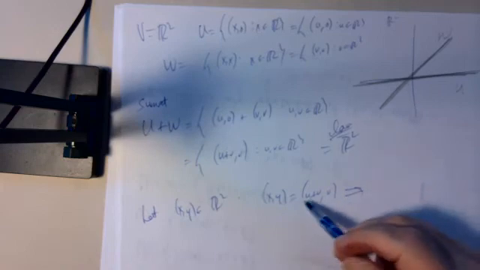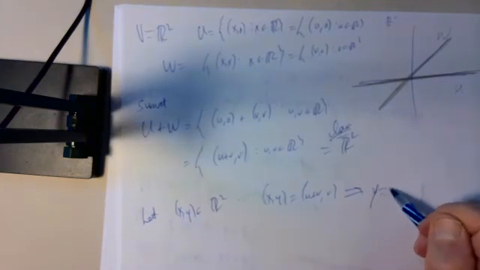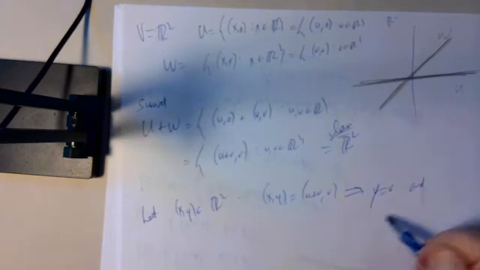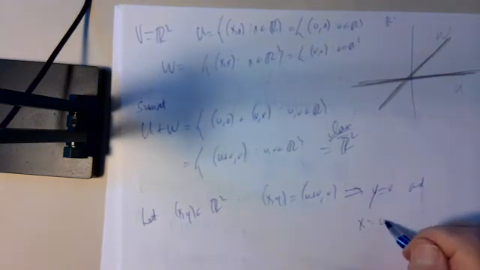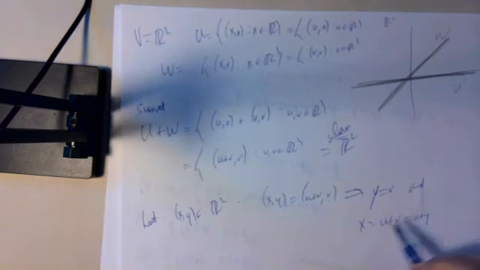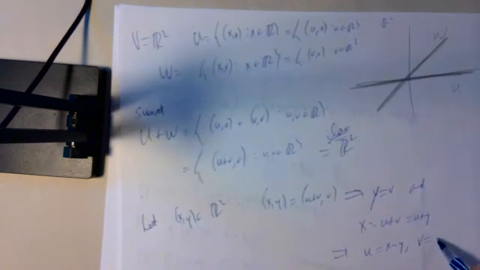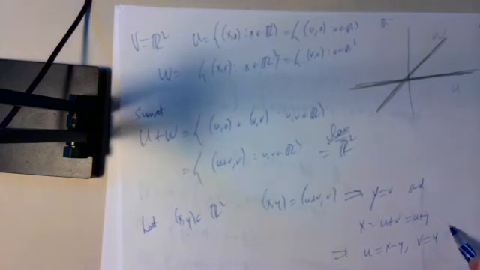Well, if so, y has to equal v, and x has to equal u plus v. But if y is v, u plus v is u plus y. So this means u has to be equal to x minus y, and v has to be equal to y.